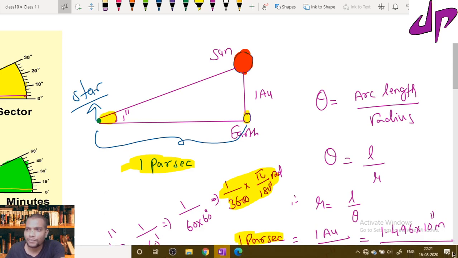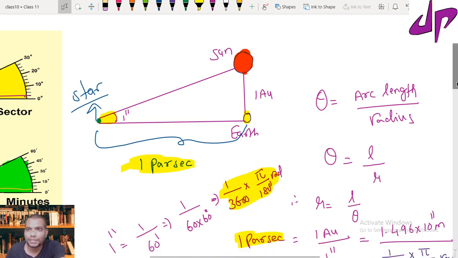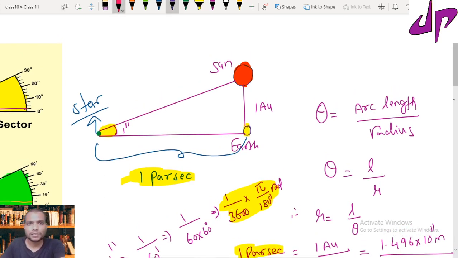So here I can define the parsec in terms of distance.